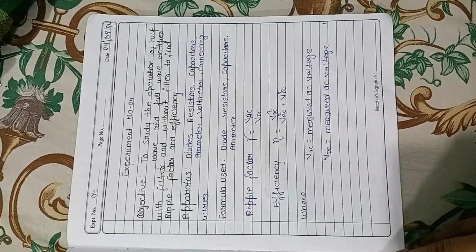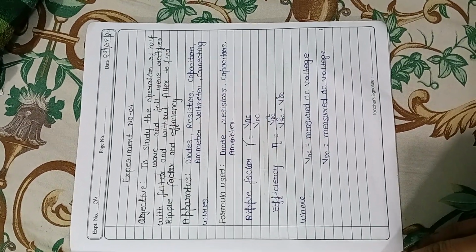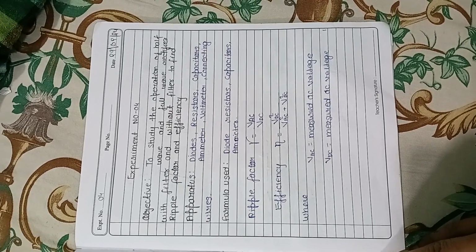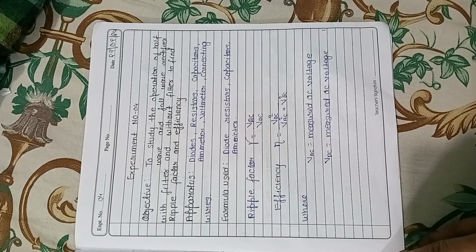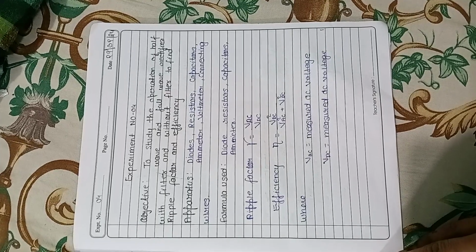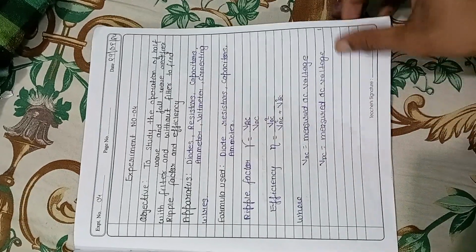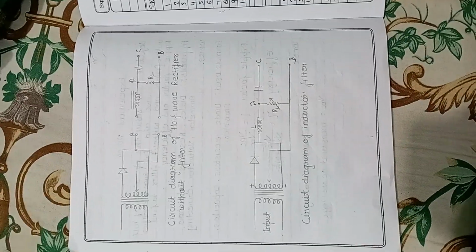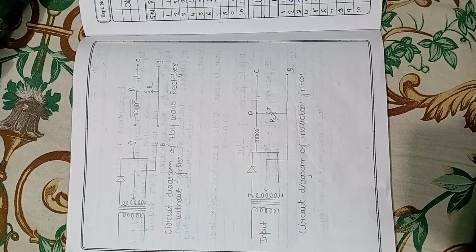Next, experiment number 4 is to study the operation of half wave and full wave rectifier with filter and without filter to find the ripple factor and efficiency. This is the circuit diagram of our half wave and full wave rectifier.